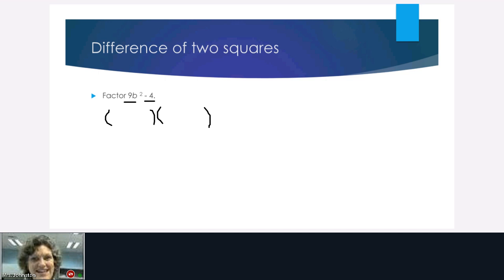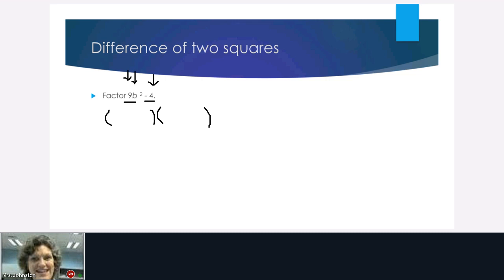It is called the difference, meaning the 2 terms are subtracted, of 2 perfect squares. In order to be a perfect square, the number portion, such as 9 and 4, have to be perfect squares. 9 is 3 squared and 4 is 2 squared. And the variable has to be a perfect square. B squared can be divided into b and b.